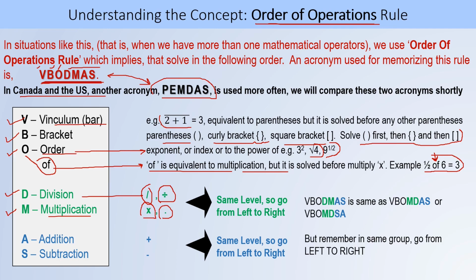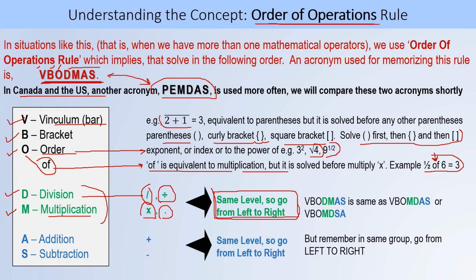Now the important thing to note is that D and M are both at the same level. So we can solve D before M, or we can solve M before D. It is not that we always have to solve division before multiplication, we can solve multiplication before division also, because both D and M are at the same level.